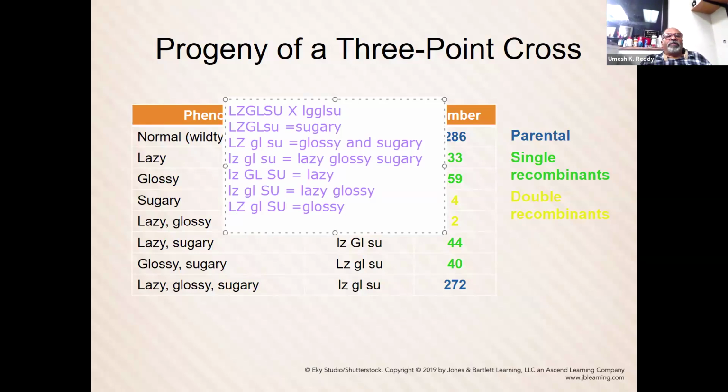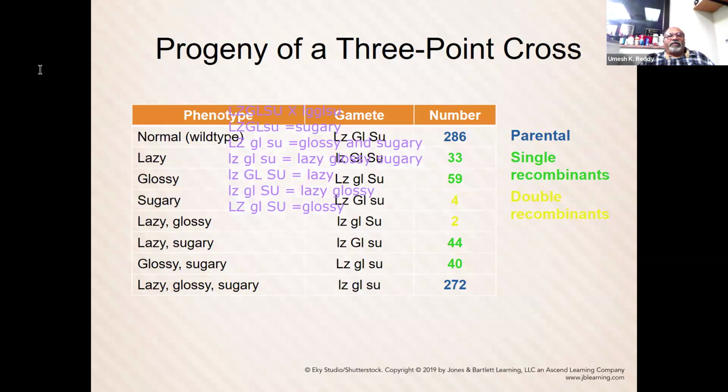So how did this sugary plant appear? Because recombination might have happened. Say this is the lazy sugary one, and then how do I change the color? Say this is the chromatid of small lazy glassy sugary one.